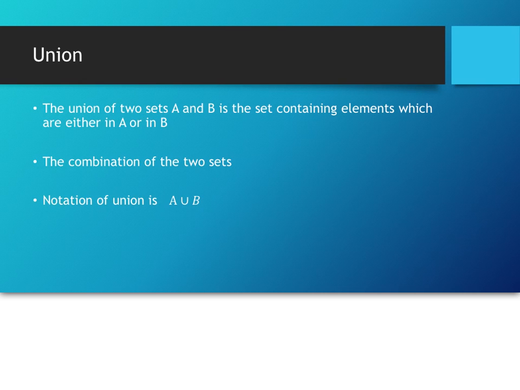The next type of operation that we're going to deal with is the idea of unions. Technically, a union is the set containing all elements which are in either A or B. So it's basically I throw all of the elements in A together with all of the elements in B and make a new set. I combine the two sets.